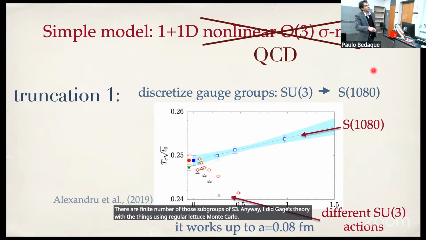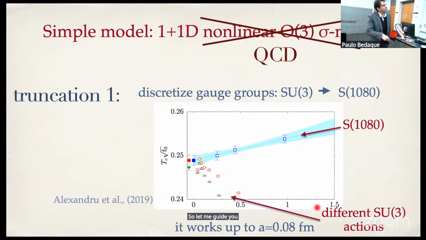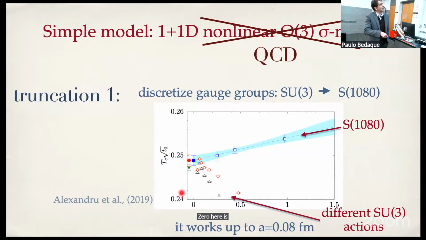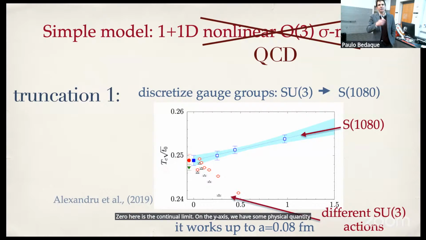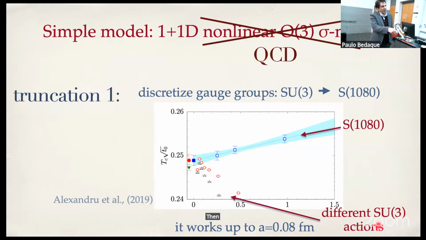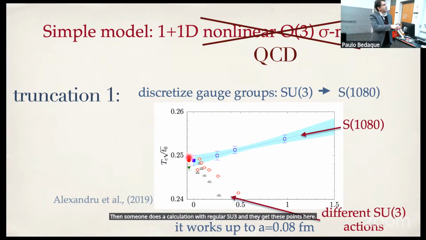So let me guide you quickly through this graph. This is supposed to be the lattice spacing. 0 here is the continuum limit. On the y-axis, we have some physical quantity. It happens to be the critical temperature for the confinement. It doesn't matter. It's a physical observable. Then someone does a calculation with regular SU3, and they get these points here and extrapolate to this.